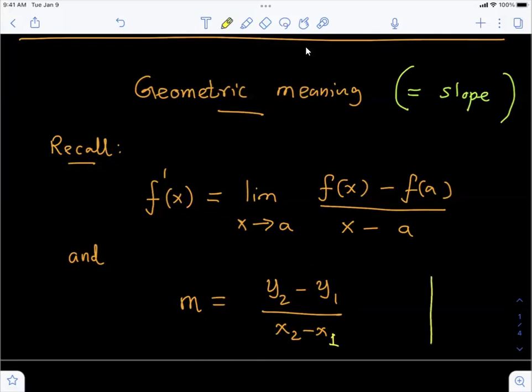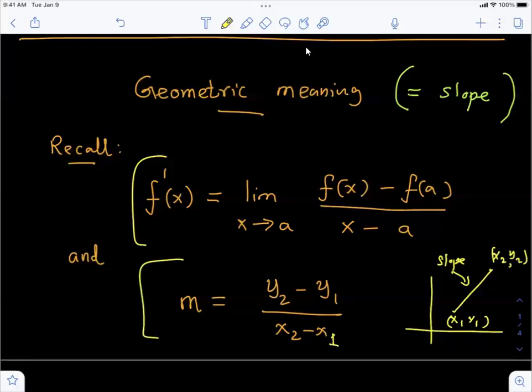So as a quick recap, if you consider x1, y1, and another point x2, y2, and if you connect these two by a straight line segment, and if you ask the question, what is the slope of this straight line? You know how to compute it. It is just the slope formula, y2 minus y1 divided by x2 minus x1. And this is going to be important in our computation. So both of these ideas, these pieces will be connected together to see the geometric meaning of the derivative.